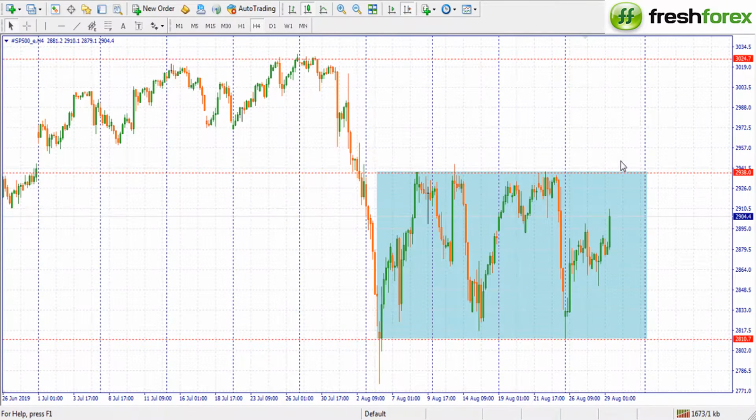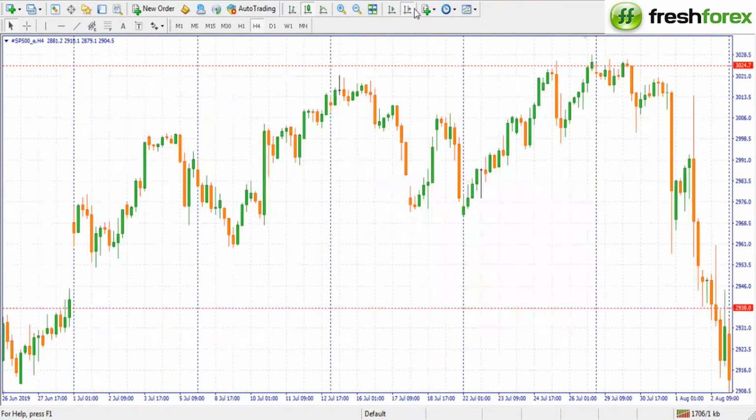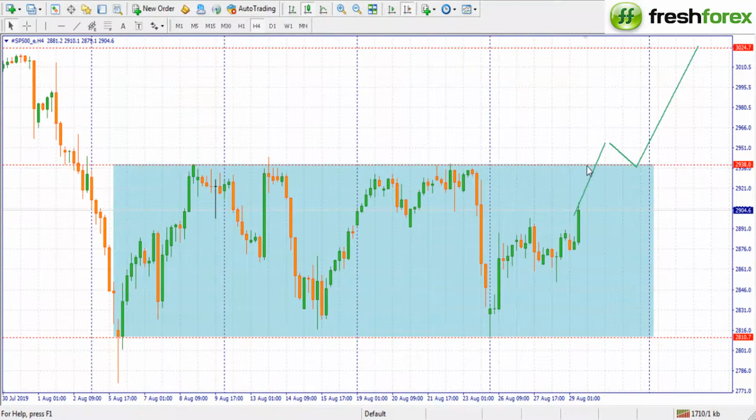So if you buy a break above this line, and the price goes above, we'll just wait for retracement, then we'll pick a second buy up to this resistance 3024.7. This is what we expect to happen: a break above, a retracement, then we pick a buy to the next level. So we'll move forward to Brent oil.